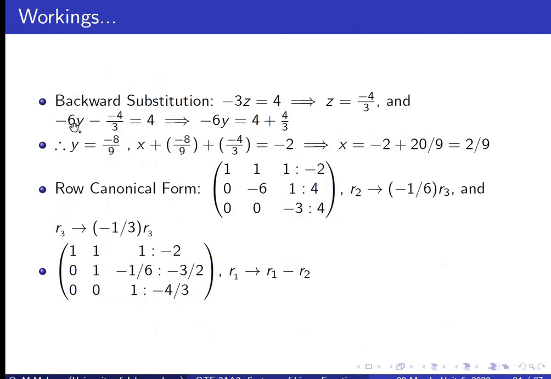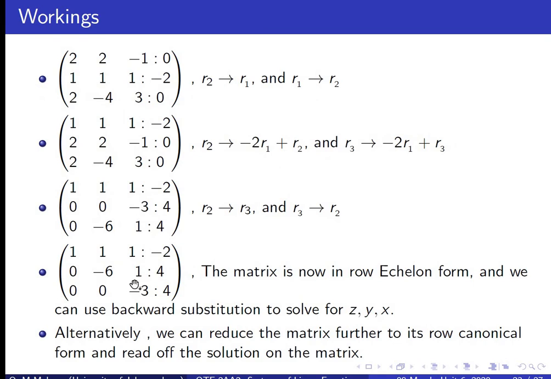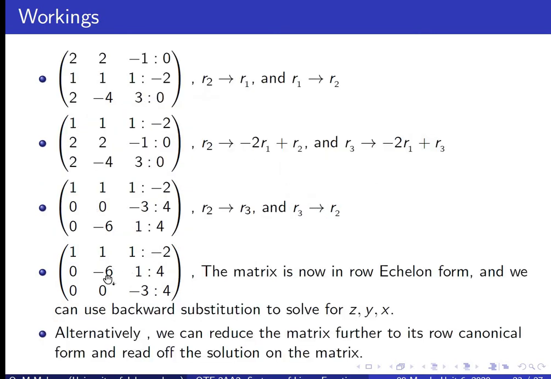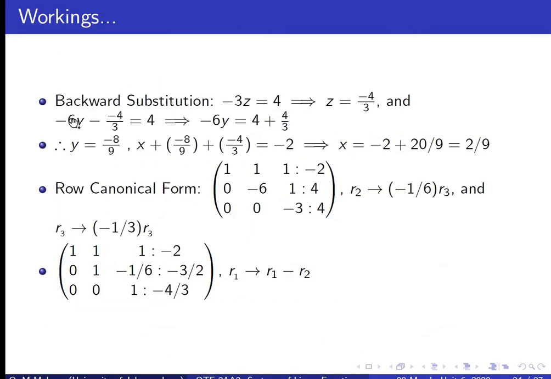Okay, this should be negative 6y plus, not negative, plus minus 4 over 3 is equal to 4.